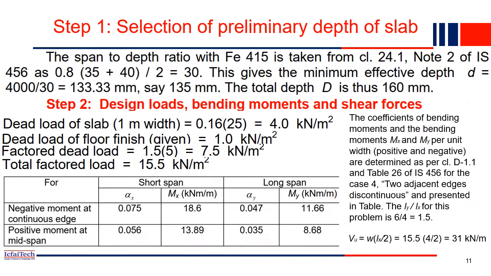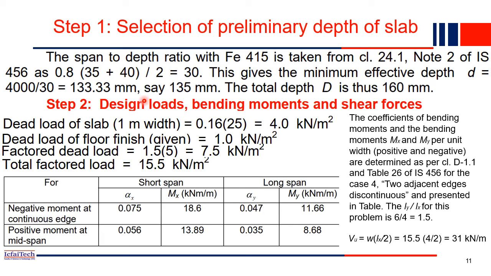So let's get started. Our first step, if you recall, is the same thing we discussed in the earlier one-way slab design also. The first step is selection of preliminary depth of the slab. So from where will we get it? Again, IS 456 clause number 24.1. There you will find the effective span by effective depth ratio given to us.